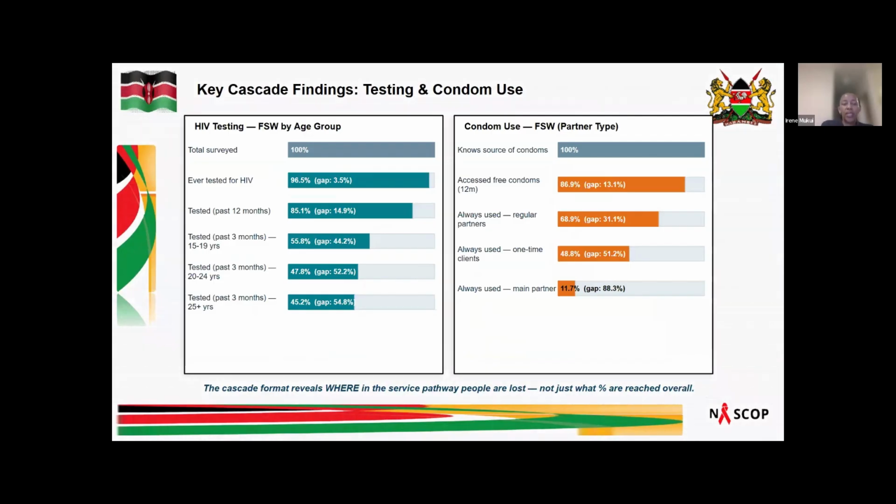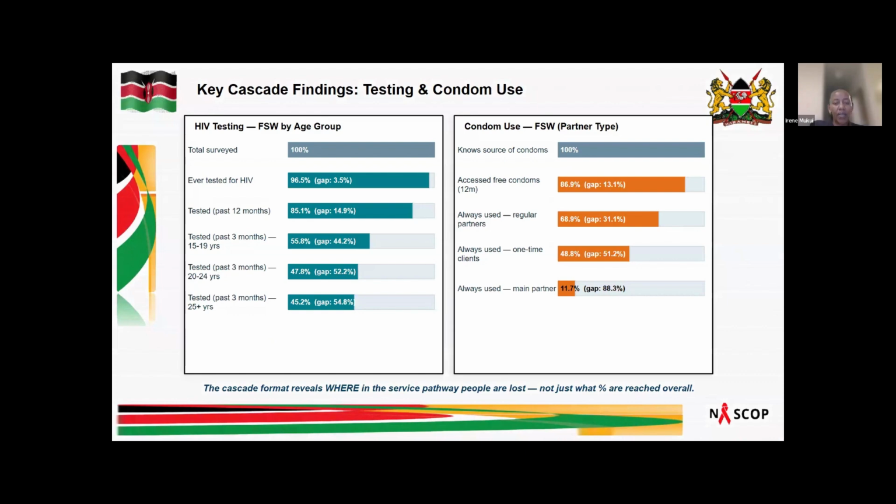So when you look at the age group distribution, this is the thing that you start to notice. So for example, again, availability is quite high, but it tends to vary. This is data, for example, if you look at the last step of the cascade, which is the utilization cascade, tested within the past 3 months, and compare across the different age groups, we looked at 15 to 19 years, 20 to 24 years, and 25 years plus.